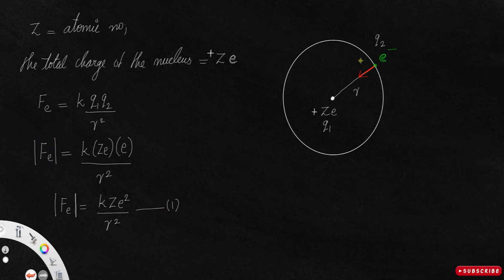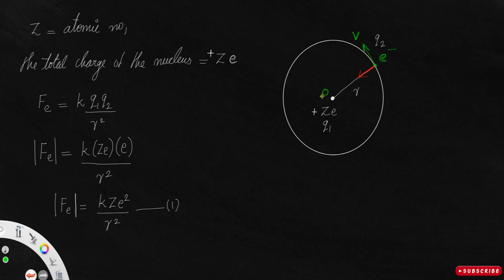And we know for the electron to rotate like this, with a velocity v, there should be a centripetal force. Only with a centripetal force can any object rotate about a point.